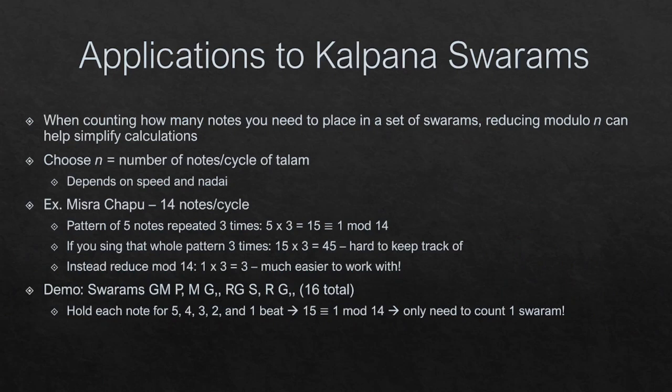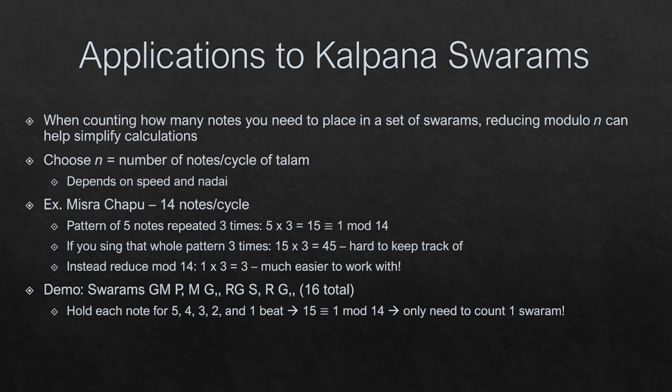That's 14 notes per cycle when you're singing in third speed, right? So you have 14 notes per cycle. Let's say I have a pattern of 5 notes, and I'm going to repeat it 3 times. Okay, 5 times 3 is 15, but that's just one note.